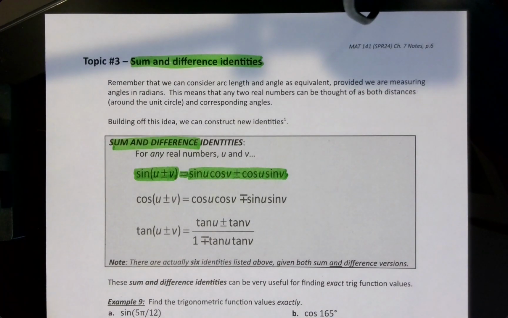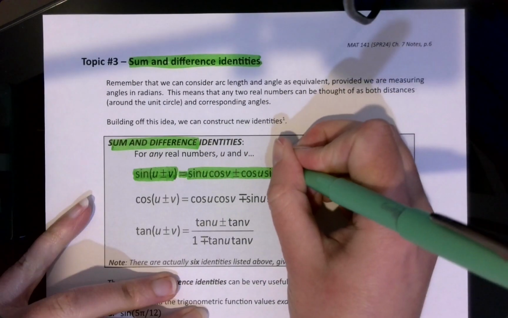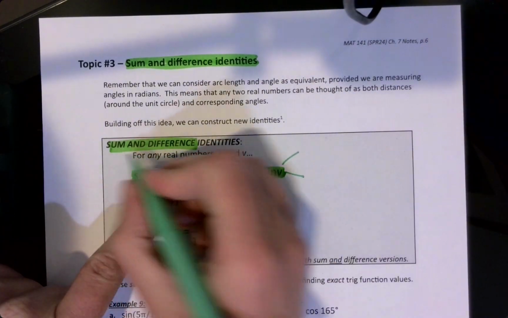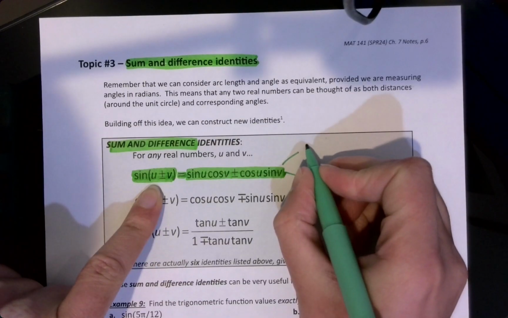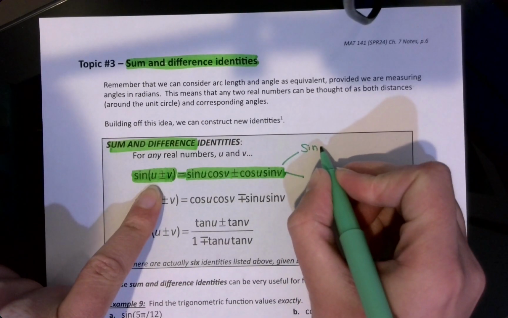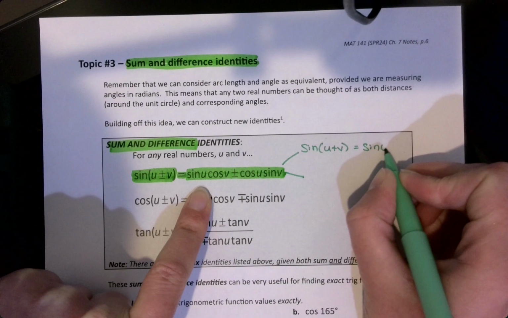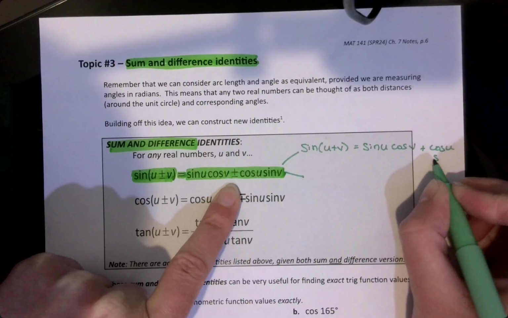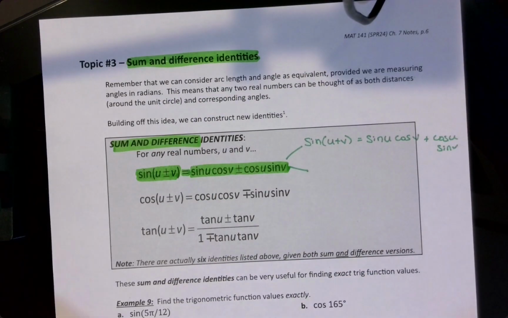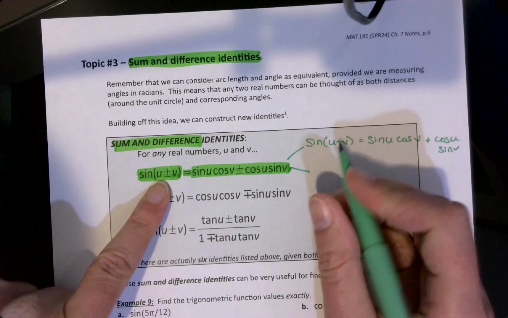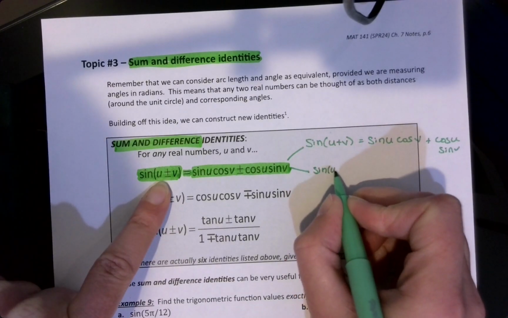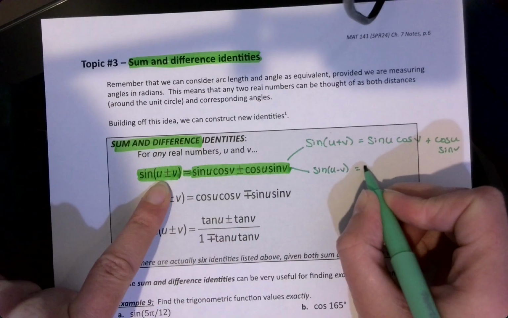So the sum identity: sine of u plus v is equal to sine of u cosine of v plus cosine of u sine of v. So that's the sum identity. And then the difference identity would be sine of u minus v equals sine of u cosine of v minus cosine of u sine of v. Okay, so this is shorthand notation for two identities, one being the sum identity and one being the difference identity.